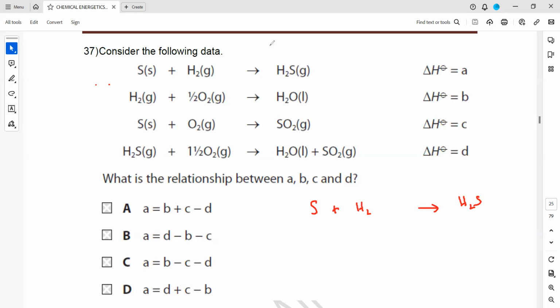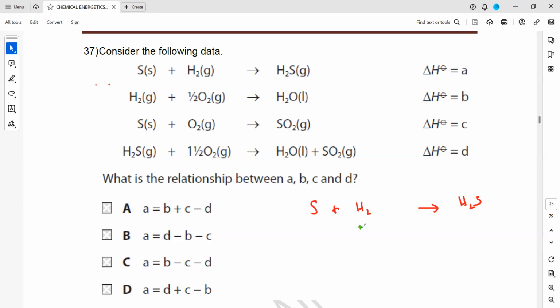And if hydrogen is burned, what will happen when hydrogen reacts with oxygen? It will give water.